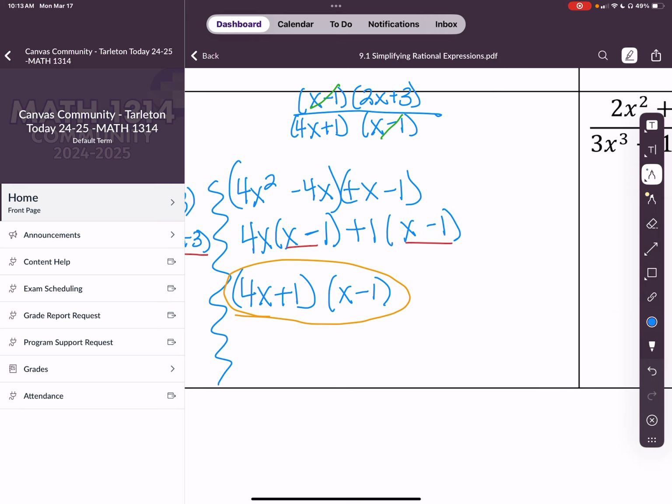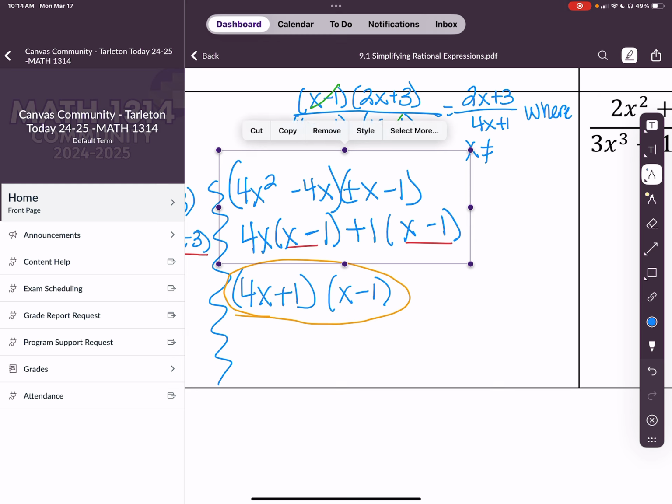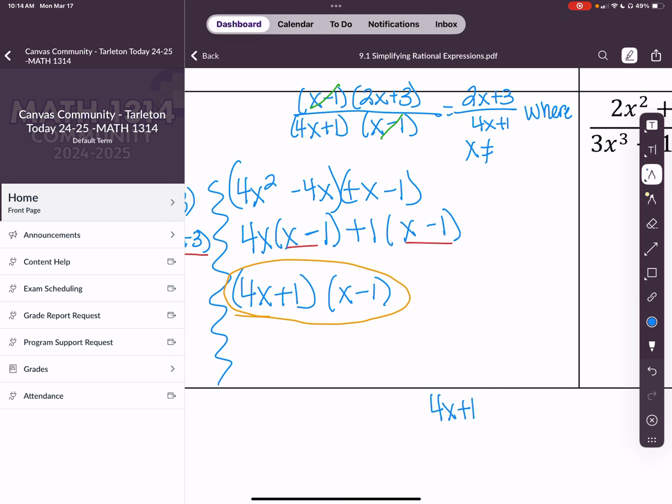So that means when I simplify this, it's going to be 2x plus 3 over 4x plus 1, where x does not equal... All right, so I'm going to do it down here, this 4x plus 1, just in case anybody needs this reminder.